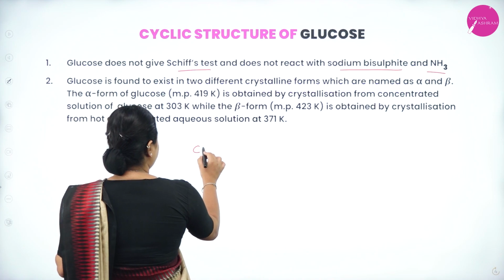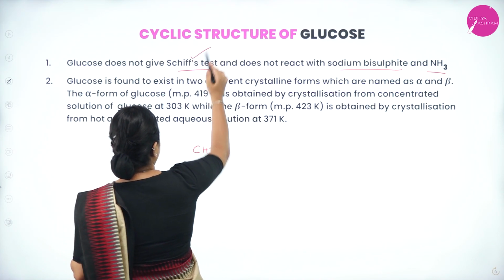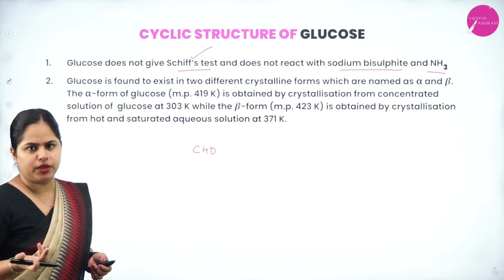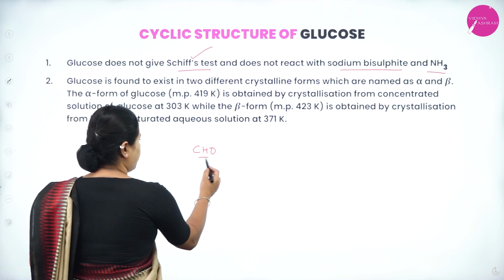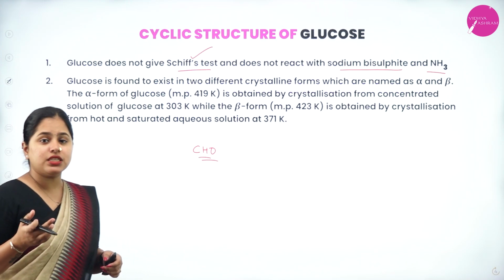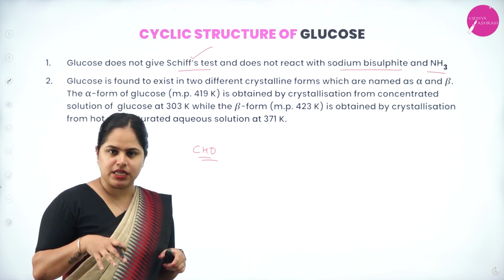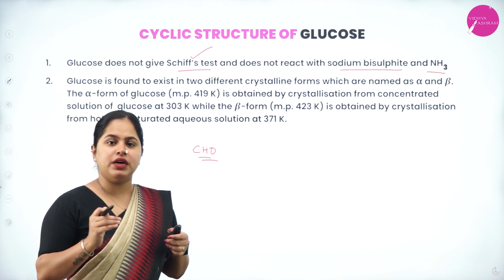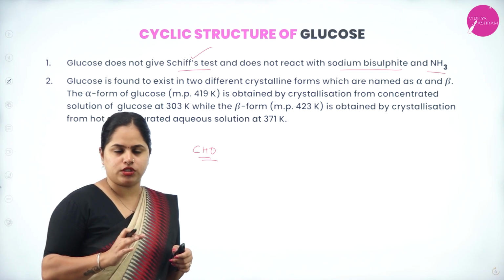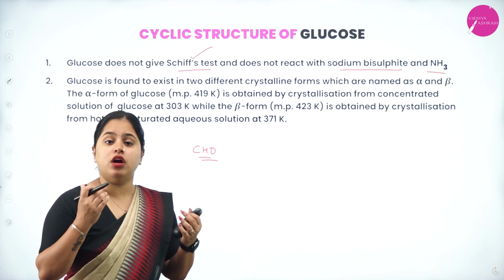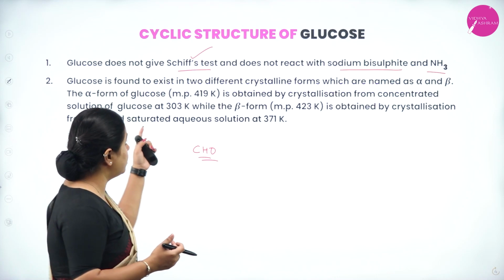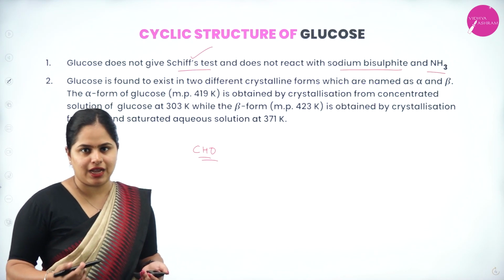If an aldehyde group is present, it is supposed to show Schiff's test, and it should react with sodium bisulfite and ammonia if it has a free aldehyde group. But it is not showing. That means there is a problem with this aldehyde group. The aldehyde group is present, but it is bonded with some other oxygen or carbon atom. It is not freely available. That is why Schiff's test is not answered.